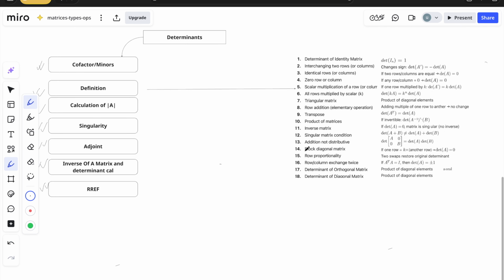Let's understand the adjoint calculation by giving a formal definition. So let's say we have a matrix A is equal to Aij, right? Then the formal definition basically says that adjoint of A is equal to Cij transpose.